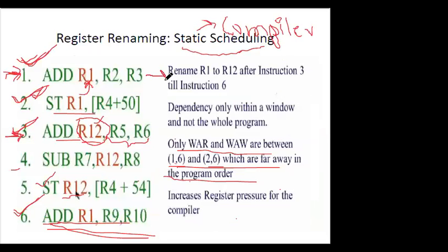Every instruction can be executed in parallel. Those instructions which are independent or do not have dependencies upon previous instructions can be executed simultaneously.